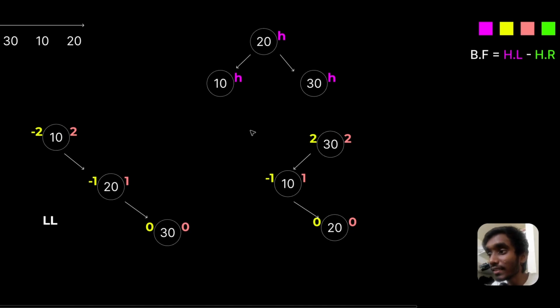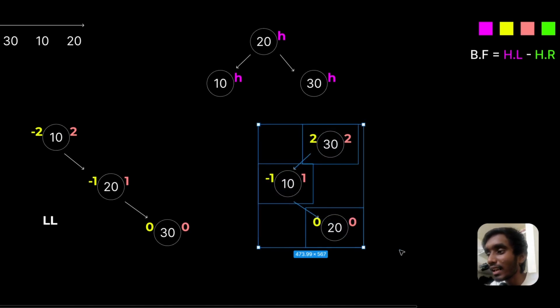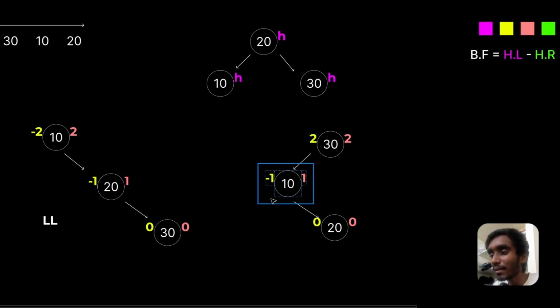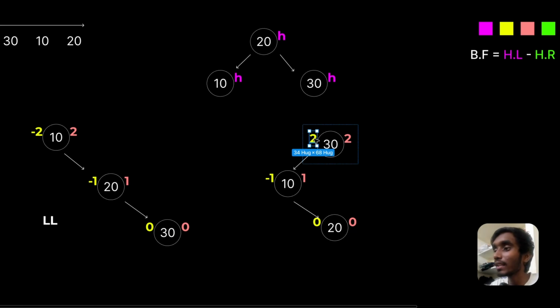If you look closely, this is not a linear node representation. Though it's imbalanced, it's not a linear form. It's in a bit of a less-than symbol shape, maybe. For this, the condition will be the same: since it's 2, it's positive, so it's outside the allowed balance factor range.